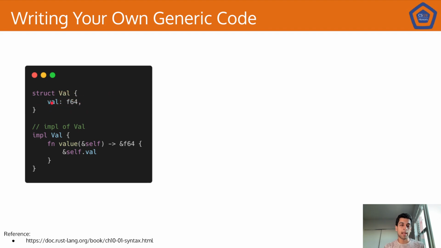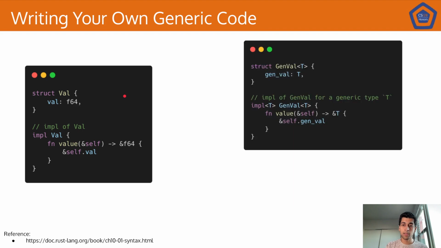So I have some outside wrapper struct, and the inside data is generic. So I can use angle brackets to define that. So it's the same notation, struct, GenVal, name of the struct, but at the end I have these angle brackets with T in the middle. T is any type. The user of my new struct can plug in anything for these angle brackets, and GenVal will have that type T.